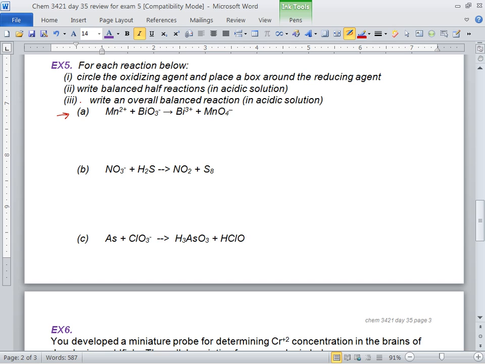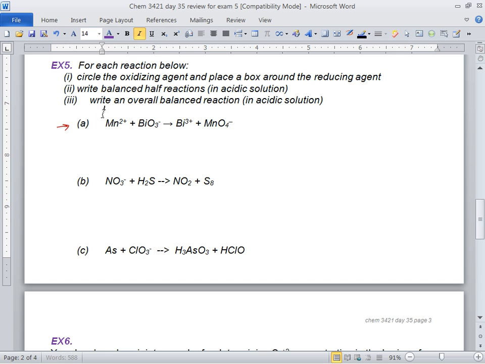Okay, so what did you circle for A? Oxidizing agents get reduced. So this guy is +2. Let's just look at the easy one. Well, I guess they're both the same. So manganese goes from +2 to what?